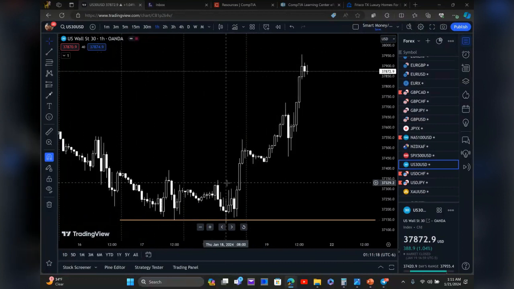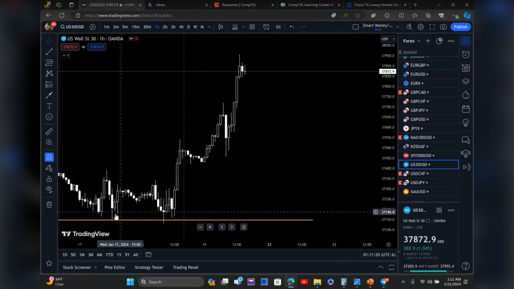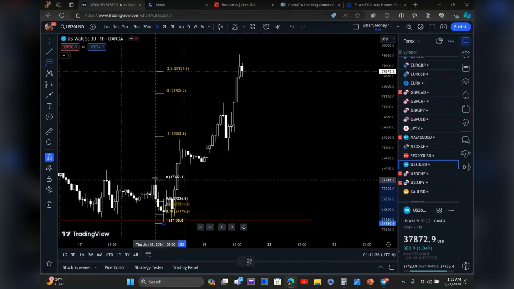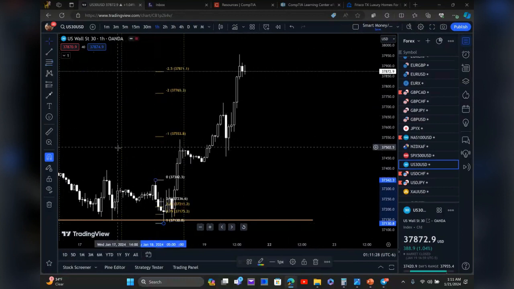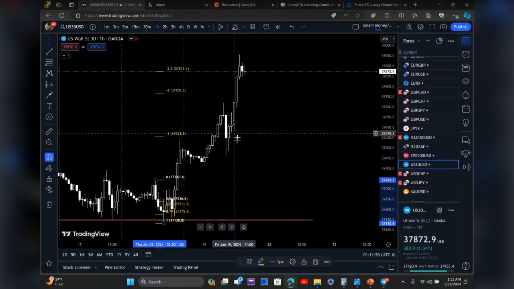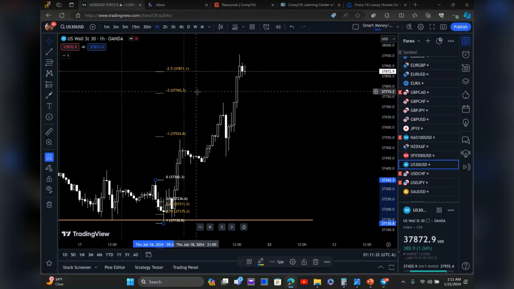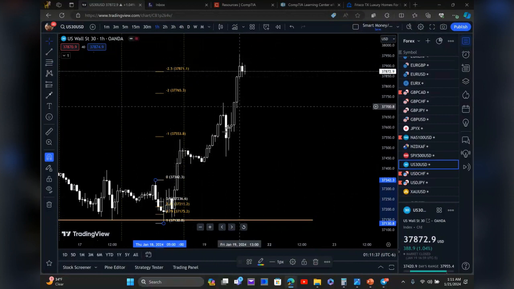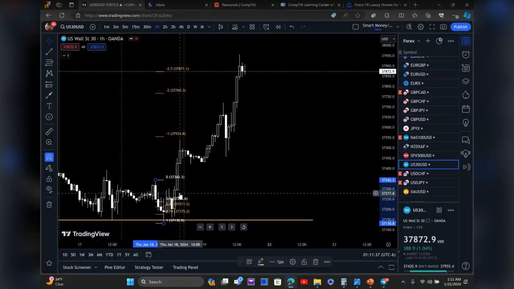So I went down to the 1 hour. And I would set my standard deviation here. Look what happened. It went up to the -2, -2.5 spike, came on its way back down, right? Notice how we didn't get the entry coming back.